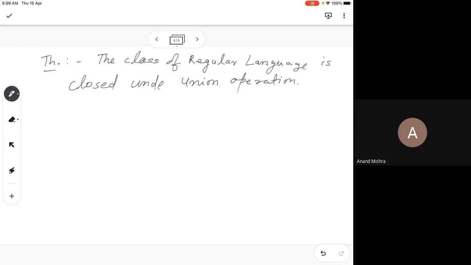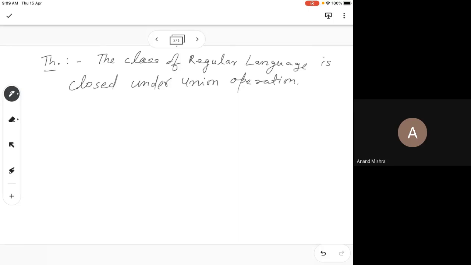All right. We have seen this two or three lectures back, I think. But at that time we did not have the idea of NFA. We only knew DFA. With DFA, we tried to prove that if a language L1 is regular, then there exists a DFA corresponding to that.